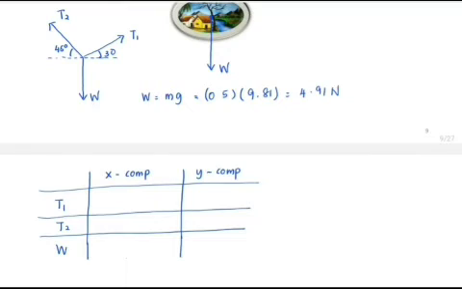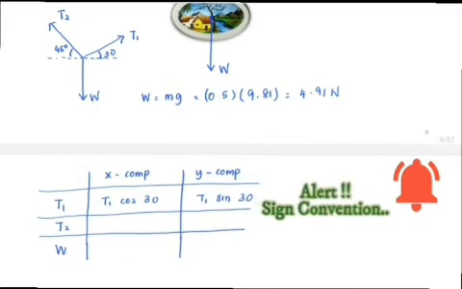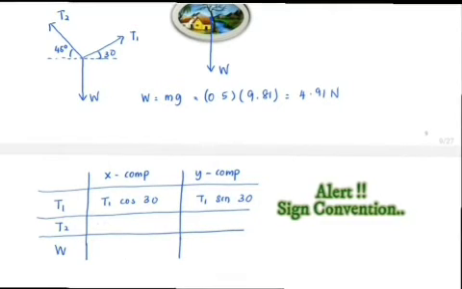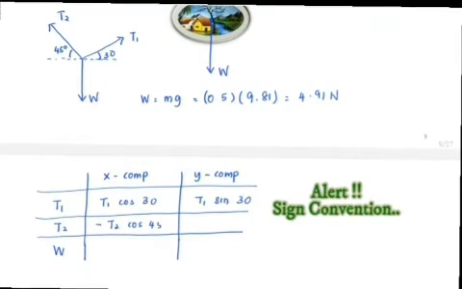T1 at X component will be T1 cos 30 and T1 at Y component will be T1 sin 30. Both T1 cos 30 and T1 sin 30 are positive because at X component it is pointing to the right and Y component it is pointing upward. For T2 at X component it will be negative T2 cos 45.